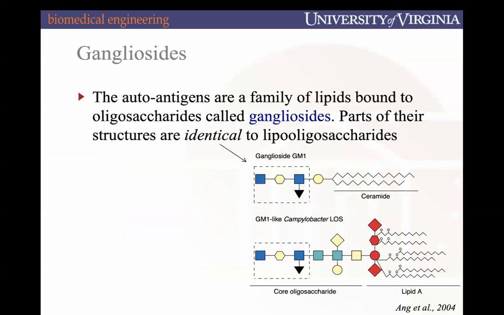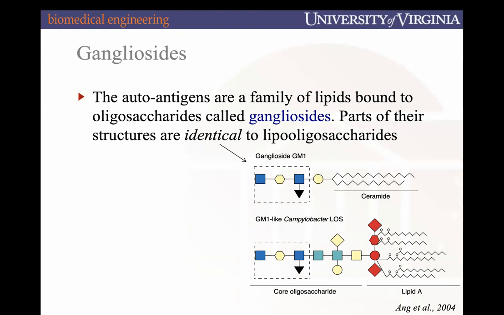What's key to note here is that these lipooligosaccharides on C. jejuni resemble a key part of our Schwann cells. The autoantigens here are called gangliosides, which are part of the lipooligosaccharide. The structure is nearly identical to what is found on C. jejuni, but these gangliosides are the key mimicry part here.